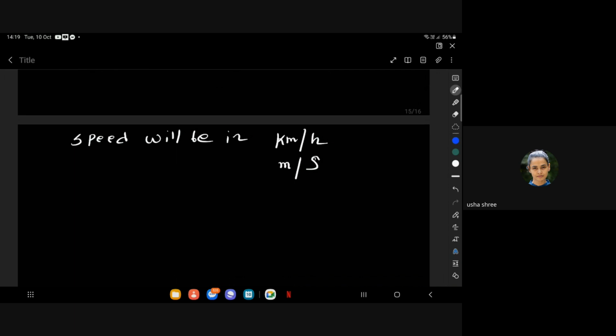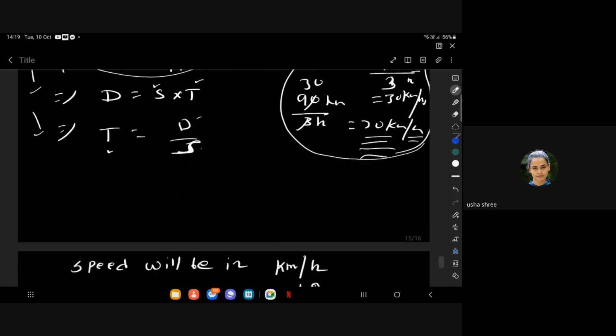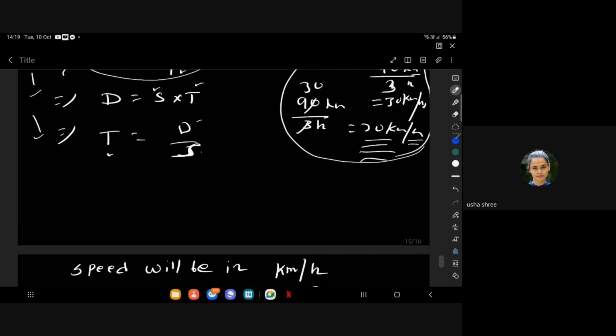Now sometimes you have to convert kilometer per hour to meter per second, so you should know the conversion formula. Suppose in the above example 30 kilometer per hour is the speed. If they ask you at the end of the question to determine the speed in meter per second, and the entire question is in kilometer and hour, then your answer will also come in kilometer per hour.